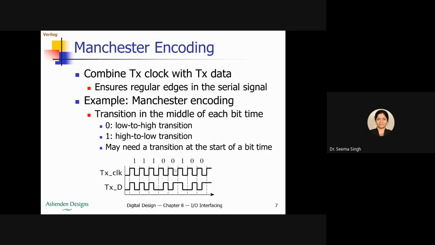You can see in the figure, when the clock marks a change from low to high, it marks a 0. When it has to transmit a 1, the signal will go from 1 to 0.